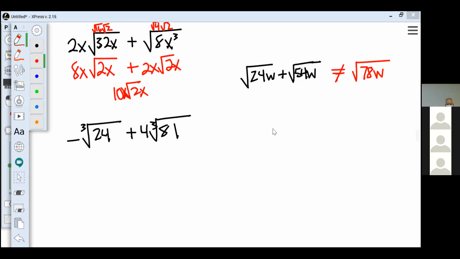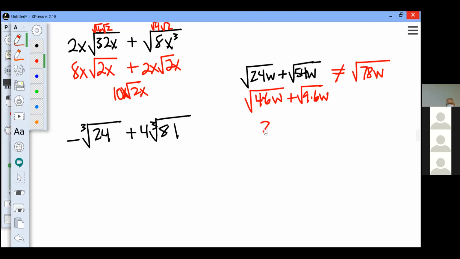5 square root of 6w for the next one. I think so. We're going to take out the square root of 4. We're going to take out the square root of 9. So you've got 2 square roots of 6w plus 3 square roots of 6w, which, yes, is 5 square roots of 6w.